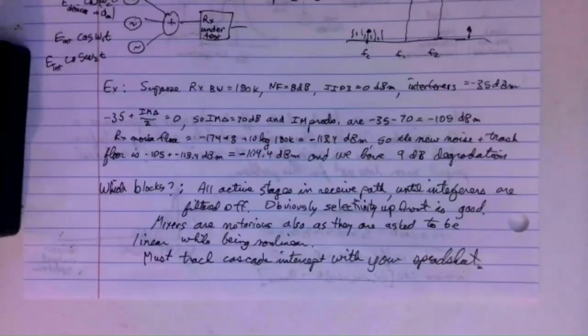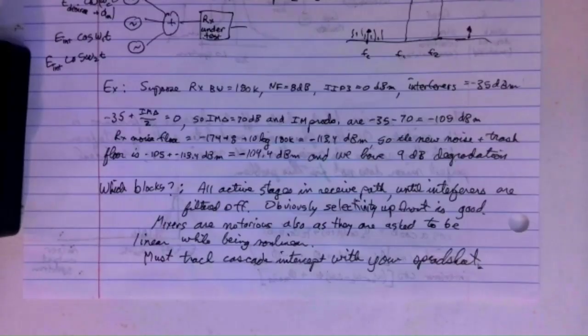All right, so what blocks are we concerned about here? All the active stages in the receive path until the interferers are filtered off. Obviously, selectivity up front is good. The more selectivity you have up front, the more protection you have for all the stages that are behind the selectivity. Kind of common sense if you think about it.